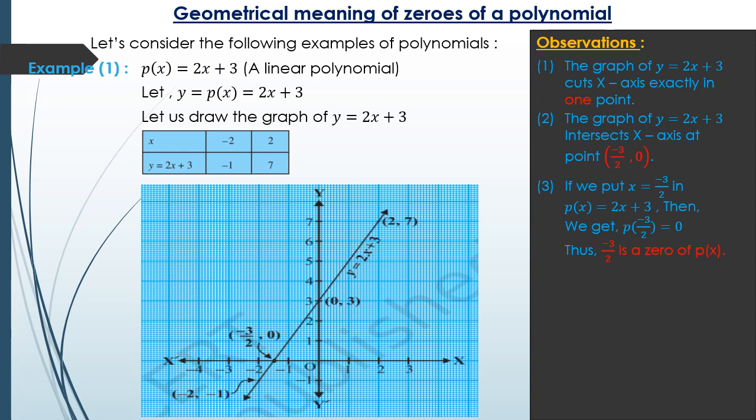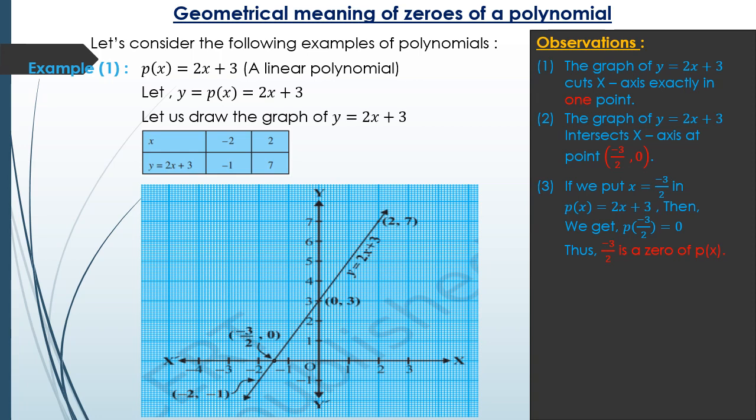And we know that a real number which makes the value of the given polynomial 0, that is, after replacing it in the given polynomial, if the value of the polynomial becomes 0, then that particular real number is called a 0 of the given polynomial. So here we can say that -3/2 is a 0 of the polynomial p of x.